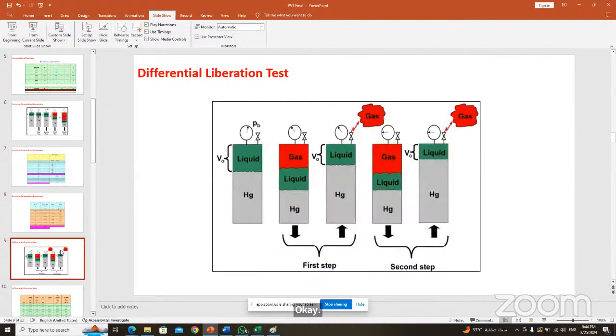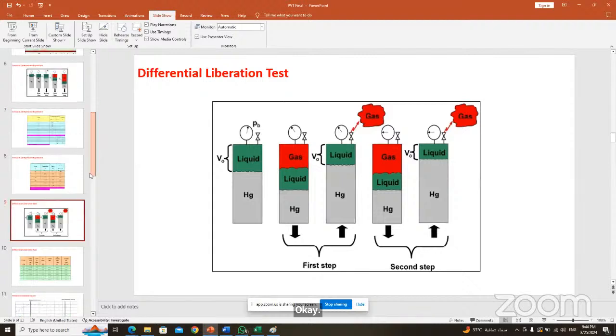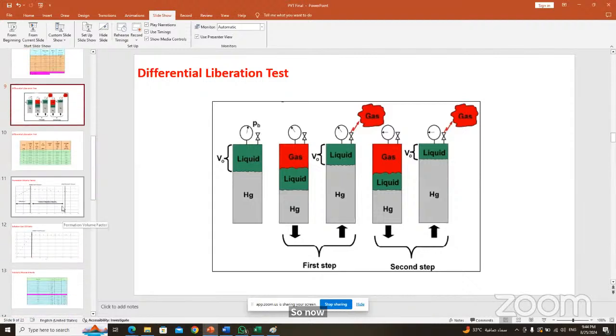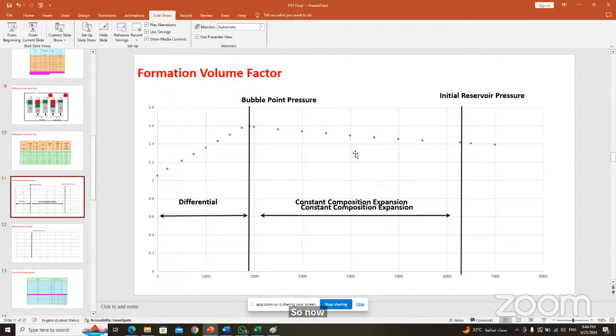First, you see here this is also the beta O curve, the formation volume factor curve. We start at these pressures. As the pressure decreases, the formation volume factor increases. Then the oil starts to shrink as we go below the bubble point, because it loses some of the volume to the gas phase.